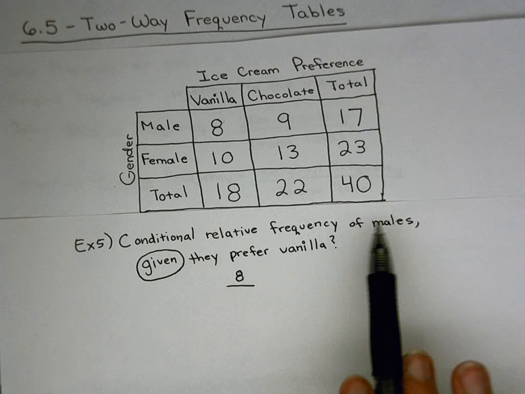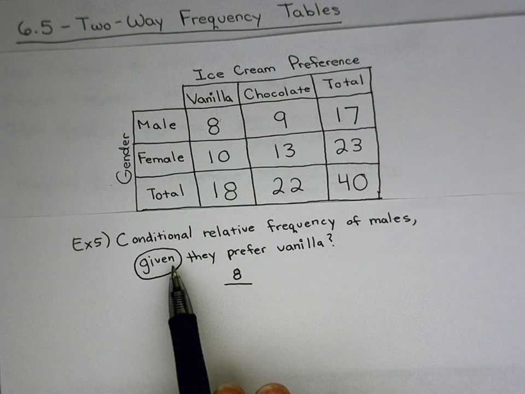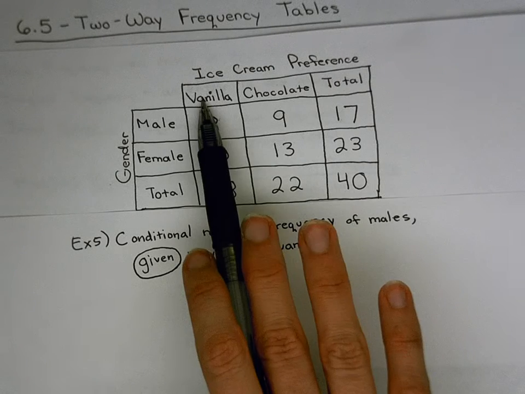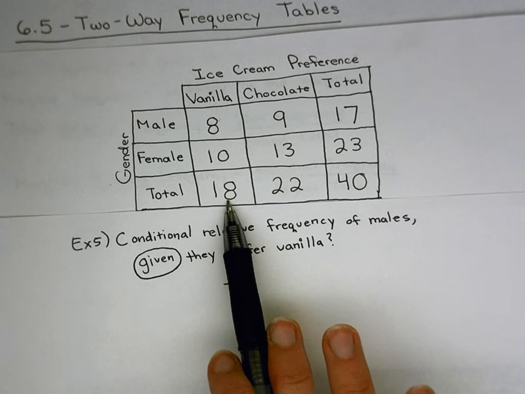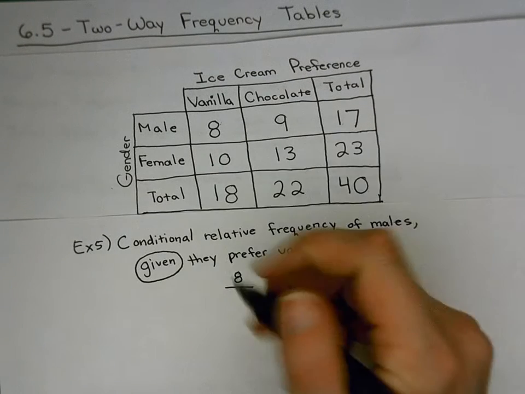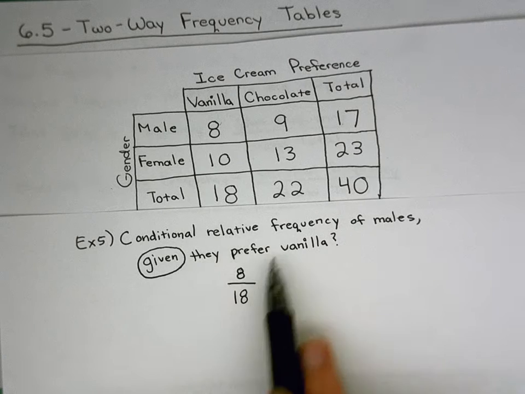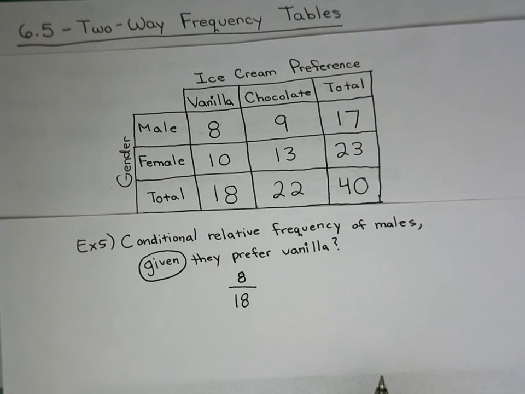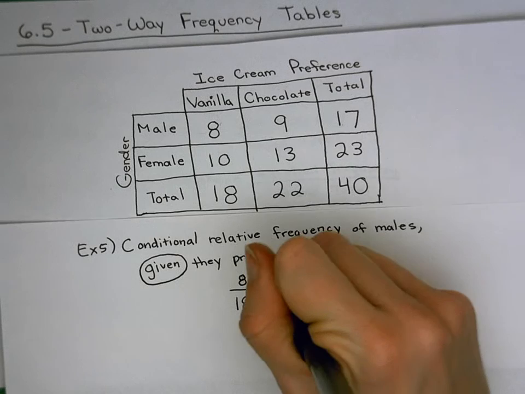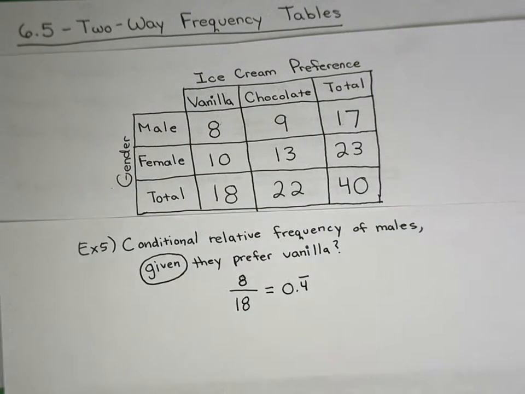Not by males, but by vanilla, because vanilla follows given. Well, vanilla's marginal is right here. Right? I'm going to be dividing by 18. Again, we divide by what follows the word given. Okay? Which 8 divided by 15 is 0.4 repeating. Let me show that.